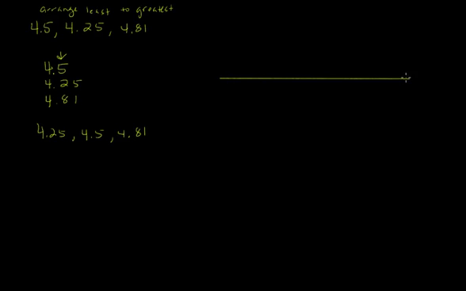Now, let's look at a number line. Let's say this is 4.0, and we have 4.1, and over here we have 4.2.